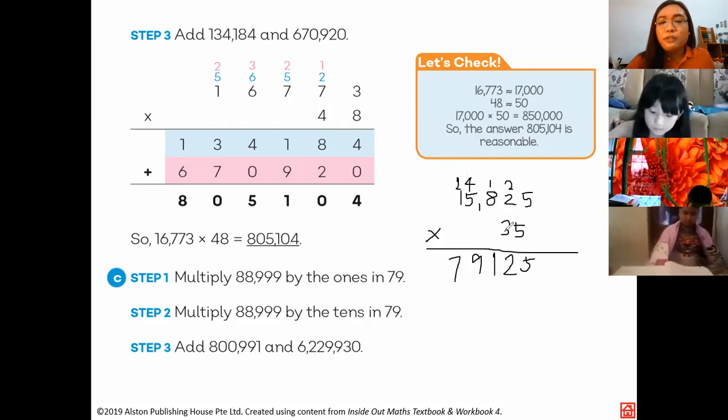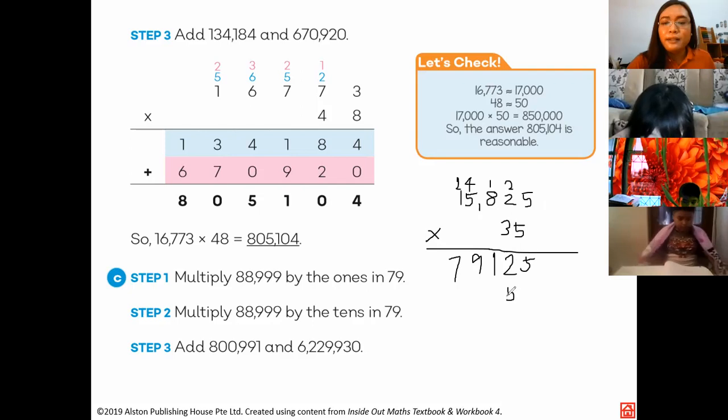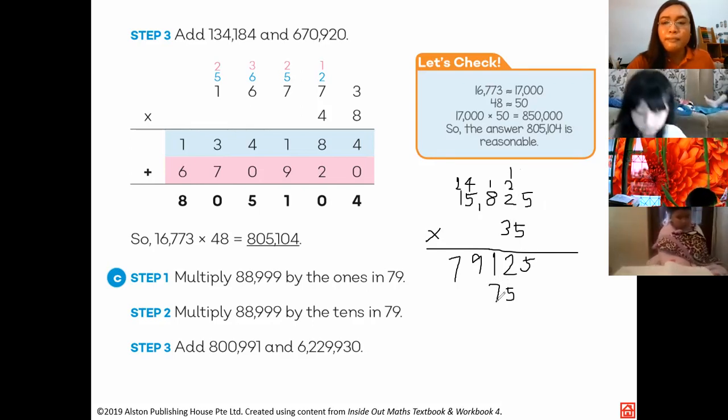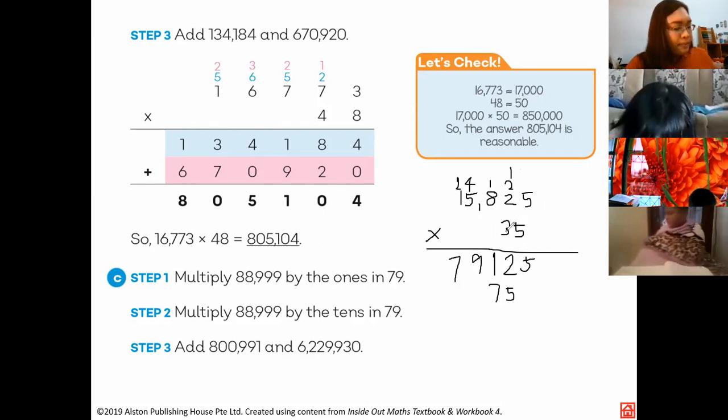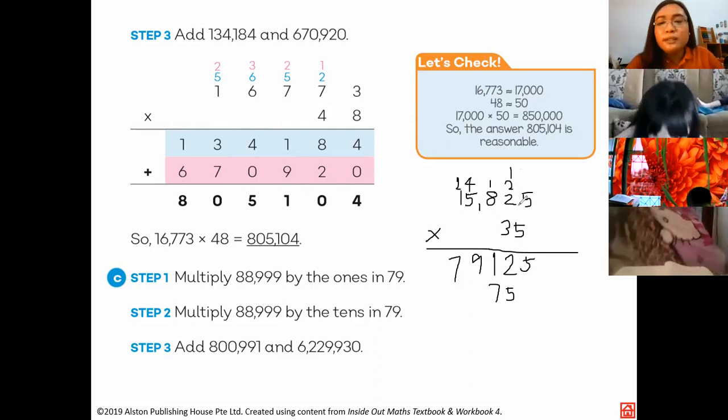All right. So 3 multiplied by 5, that's 15. Carry 1. 3 multiplied by 2, that's 6. Plus 1, that's 7. And then 8 multiplied by 3, that's 24.